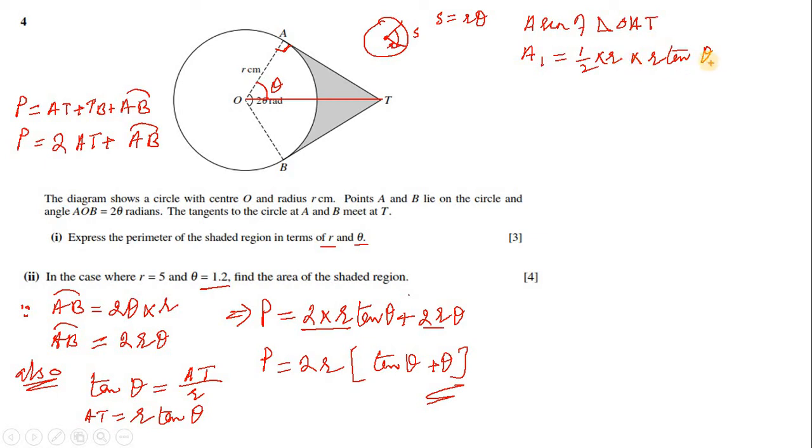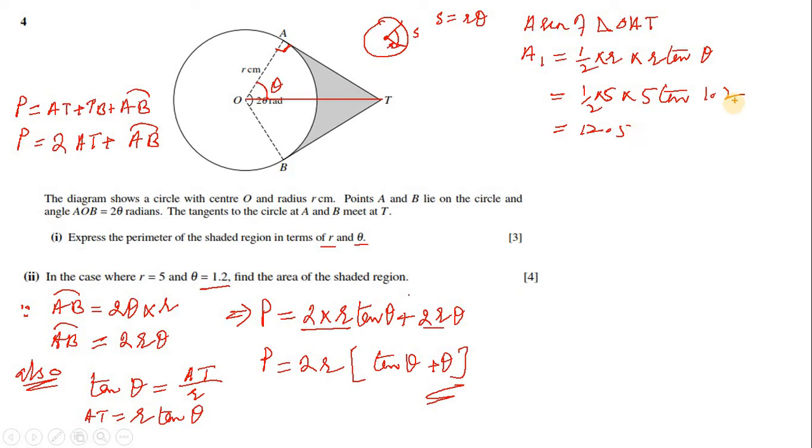But theta and R are given. So half of R is 5, which is 5 into 5 tangent of 1.2. You can use your calculator to find the value of tangent 1.2. 5 times 5 is 25, so 25 upon 2, which is 12.5, and then tangent 1.2.